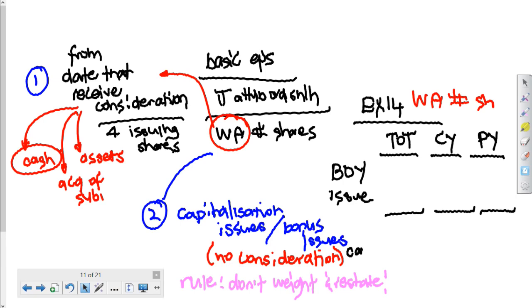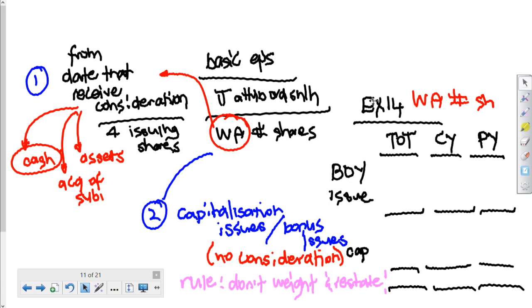And then you're going to have your cap issue. And you're going to have your totals for your weighted average number of shares. When we get to your cap issue, remember, don't weight it, and restate it, right? And just look at your proportions of how many shares you're issuing. The cap issue in this question, example 14, is a cap issue of 1 for every share.